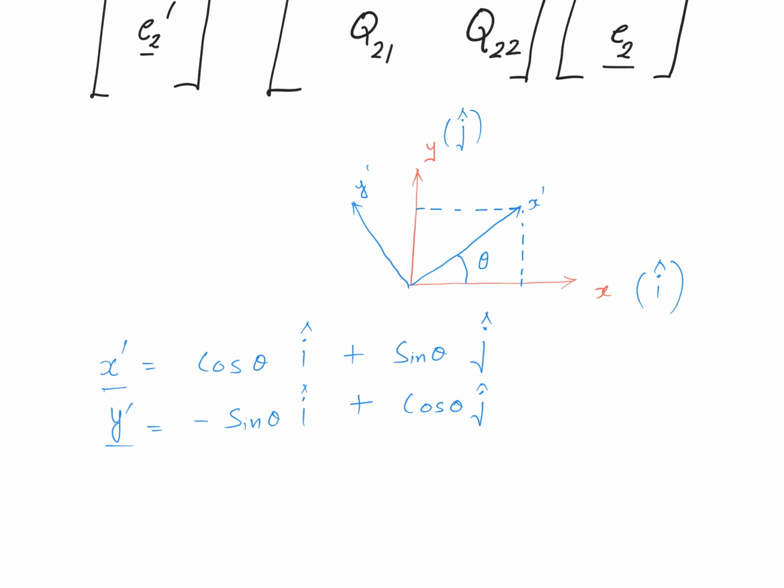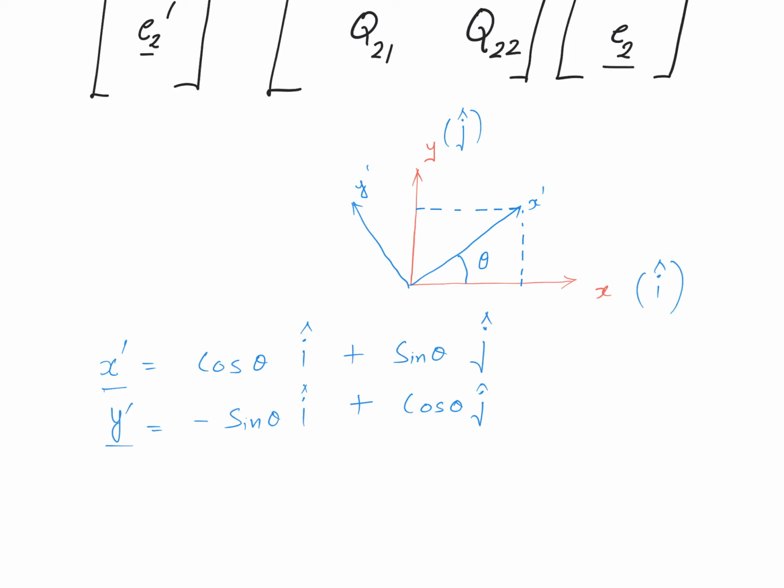Makes sense? It's another way of telling it. Similarly, you can reach the unit vector along the y prime direction if you move minus sin theta along the i cap direction, and you move cos theta amount in the j cap direction. So it's another way of saying it.